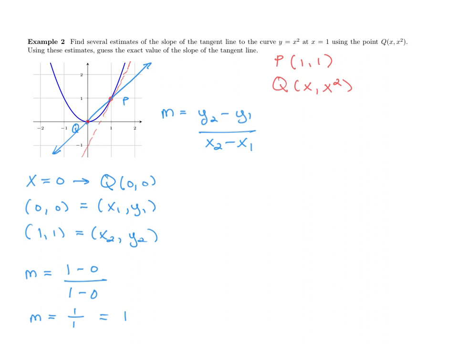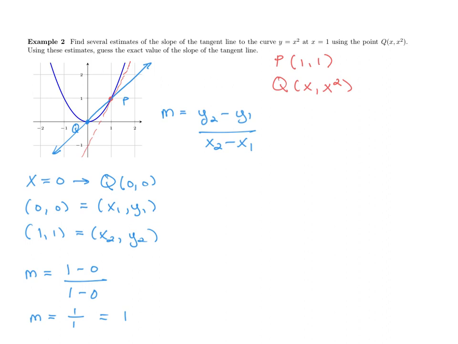Here's the trick. You want to choose a number that is close to 1. Try to visualize it. If you choose a number close to 1 and look at it on the curve and draw the line going between those 2 points, it'll be closer in slope to this line. The further the point moves away, the less close it will be.